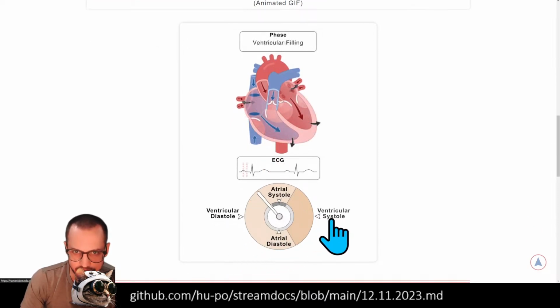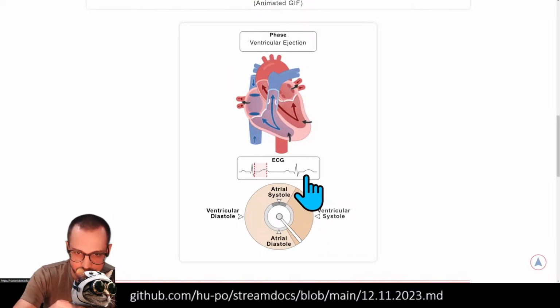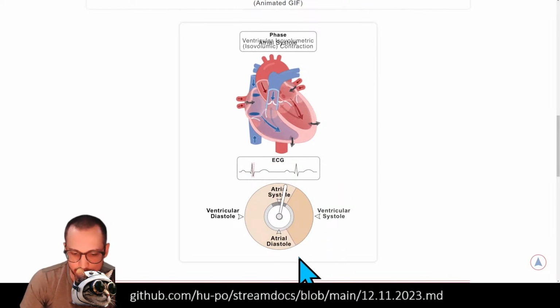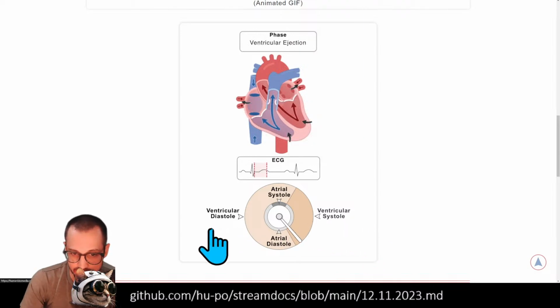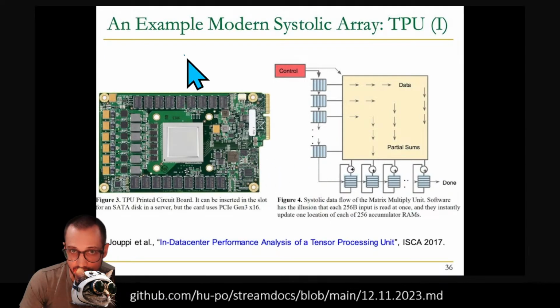Your heart is moving blood into the chambers, then moving blood out, then into the next, and then out. So the same way that you have this repeating multi-step process for your heartbeat, systole and diastole, someone took that same name and called the arrays of processors inside a chip a systolic array.